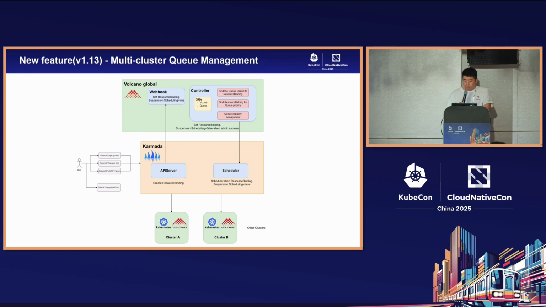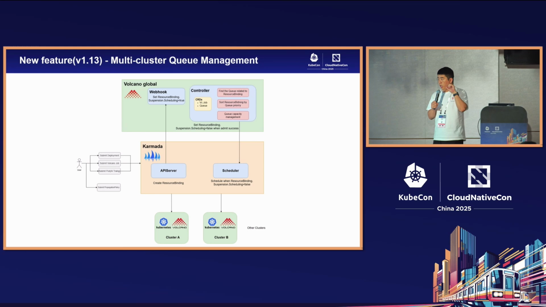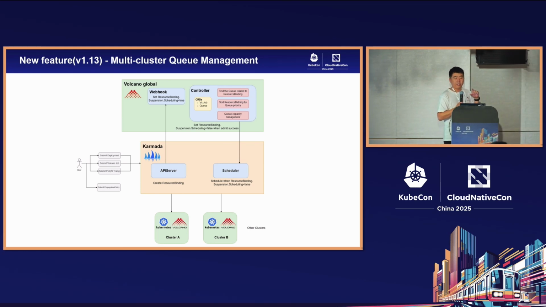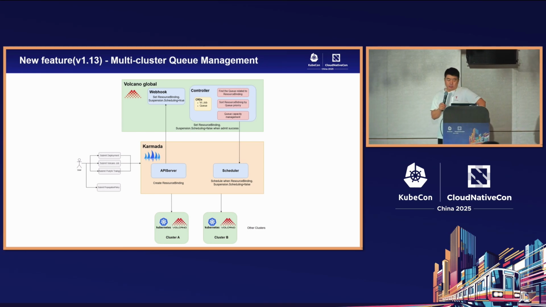In 1.13, we provide a feature that a third-party system can use to suspend application scheduling, and the scheduling will be decided by a multi-queue system built on top of Karmada. In this case, the Volcano community built Volcano Global. They use the feature to build a queue.